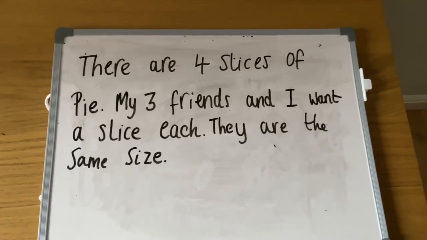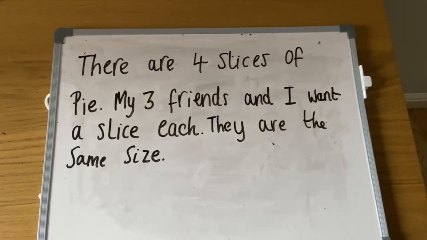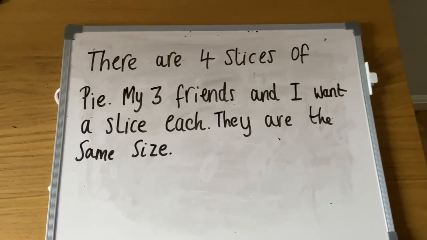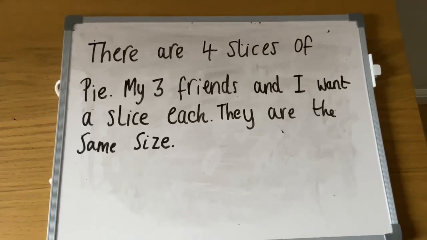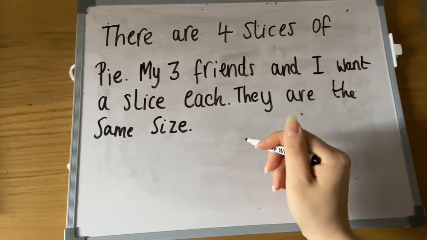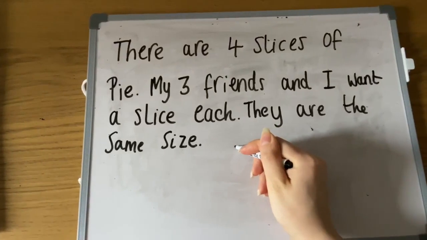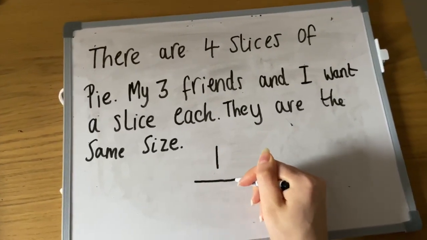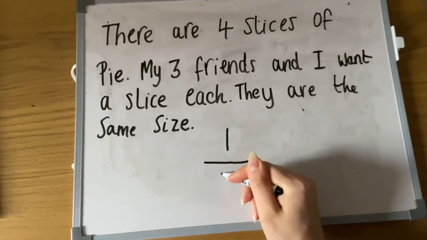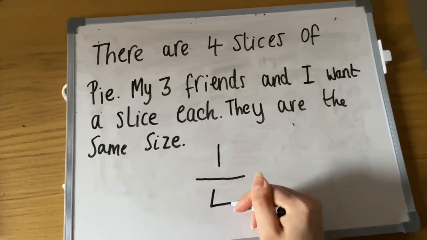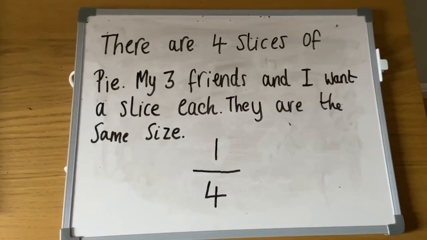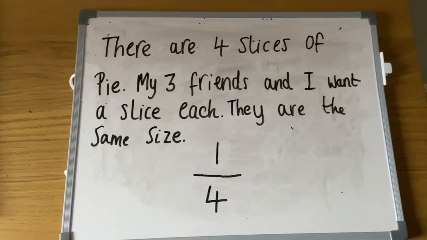So in some cases in maths, instead of writing out the sentence, there are 4 slices of pie, my 3 friends and I want a slice each, they are the same size, I could just write it as, I have had my 1 slice out of a possible whole number of 4. In maths, it can be a quick and easy way of showing bits of information.